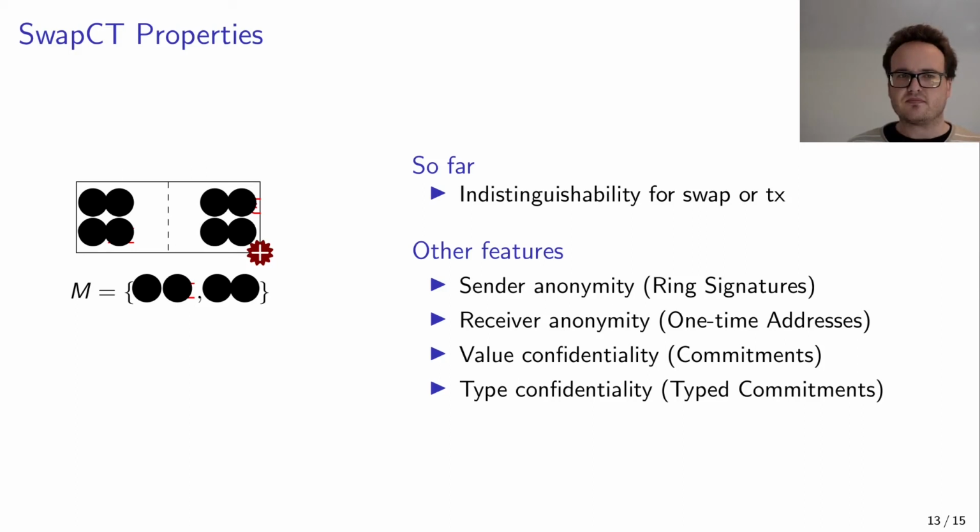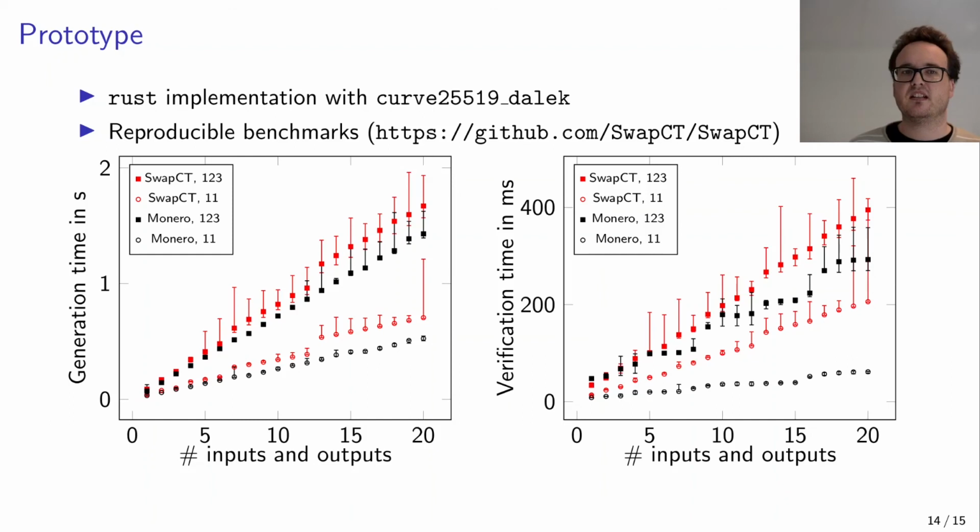So to show that it's actually applicable, we implemented it, not only the bulletproof timing measurement, but we try to get a full transaction system, so we can say here is a transaction, please verify, with these reference inputs.